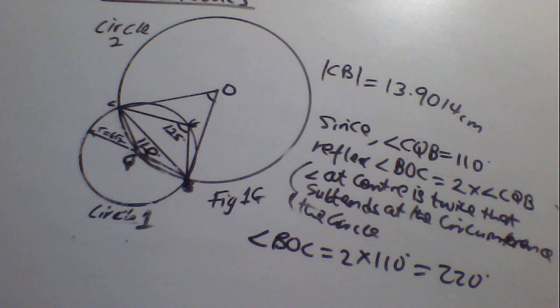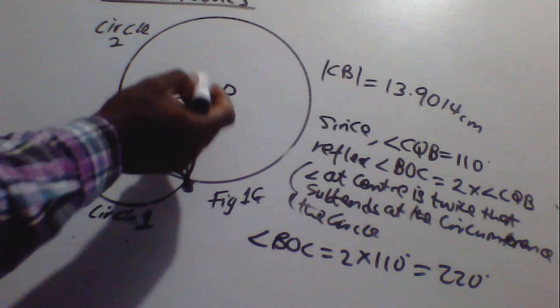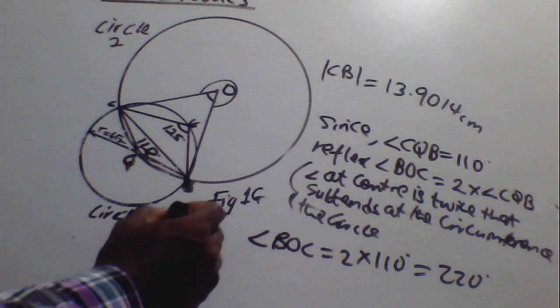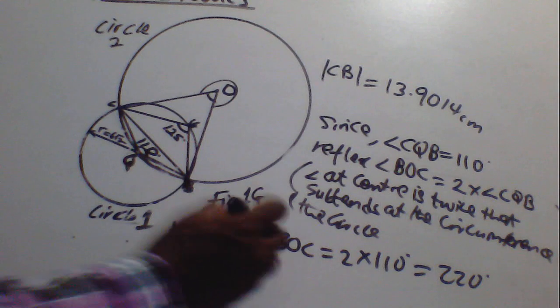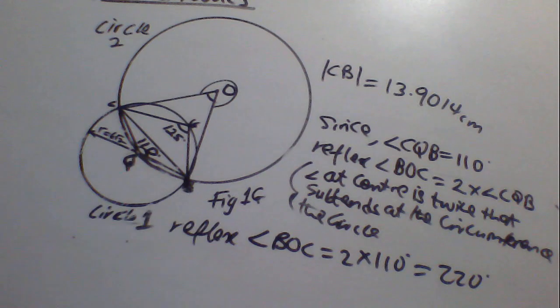We have gotten what? 220 degrees. So let's proceed. So from this is the angle we got. Mind you, this is reflex. So reflex angle BOC is 220.